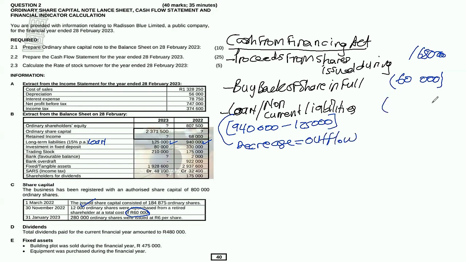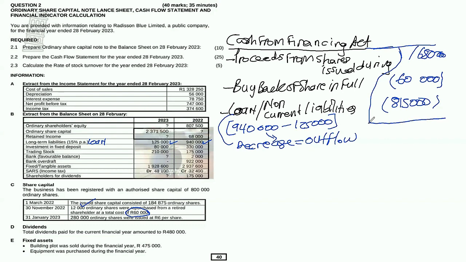A decrease in your loan is an outflow, so our final answer will be bracketed. You took money in your bank account to pay your debts. So if your loan decreased, it's money out. Therefore, when you subtract these two, we will have an amount of 815,000 as our outflow on loan.